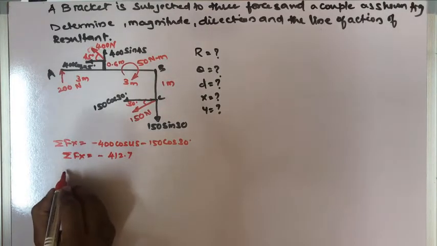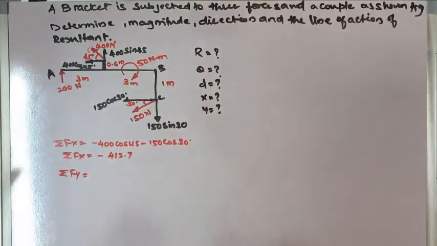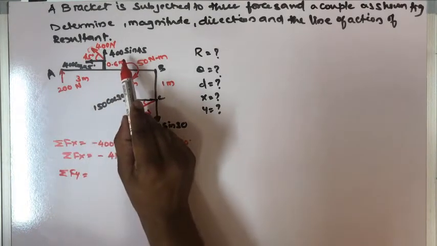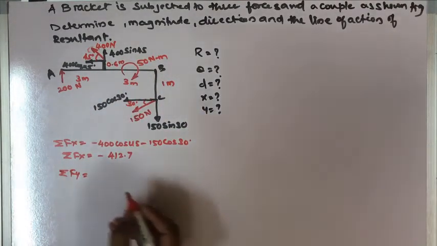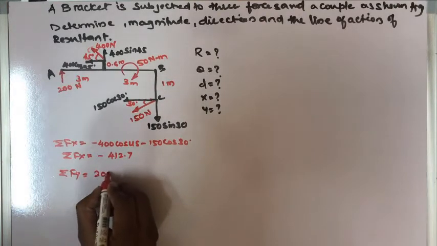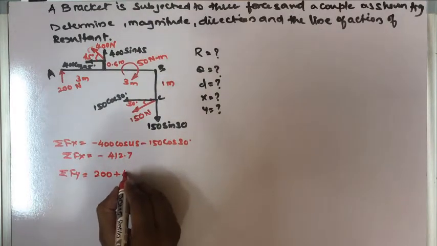Next is the calculation of summation of Fy, which is nothing but the sum of all the vertical forces. How many vertical forces do we have in this problem? 200, 400 sine 45, and 150 sine 30. So three forces. 200 is acting upward, so positive 200. 400 sine 45 is acting upward, that is also positive.